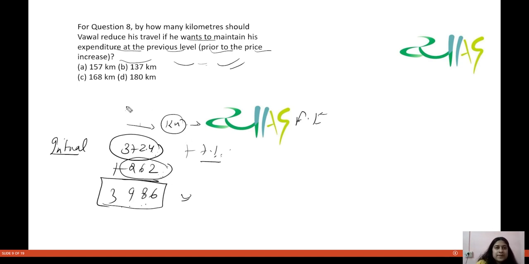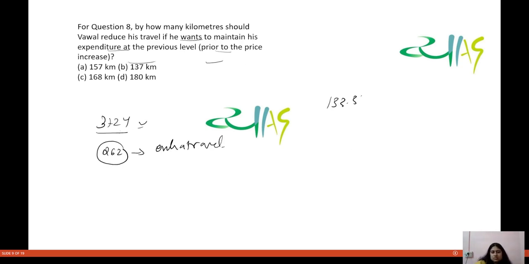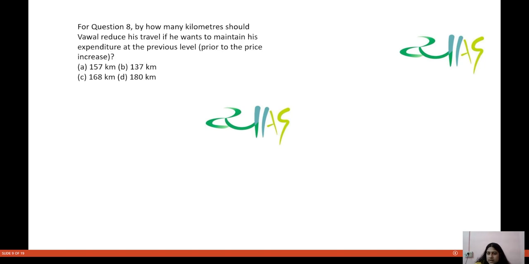Fine. So it is asking by how many kilometers should Vowel reduce his travel if he wants to maintain his expenditure at the previous level. Okay guys, look at this question. This is the same question as when we wanted to have the expenditure same.